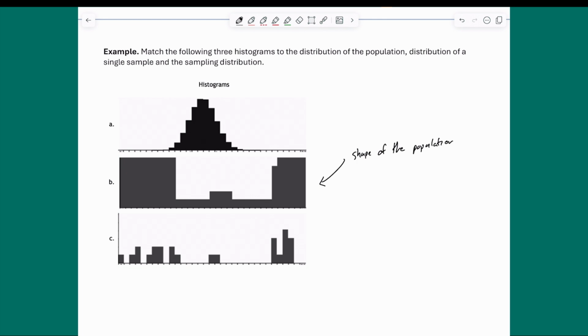If we sampled from this population, like we went out and gathered a sample of size 40 randomly, then the sample should look somewhat like the population, a little miniature version. That means probably C looks closely related to B, the histogram of B, so that would be the shape of the sample distribution.